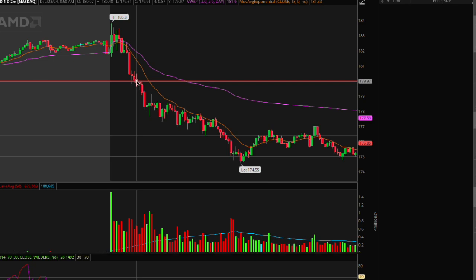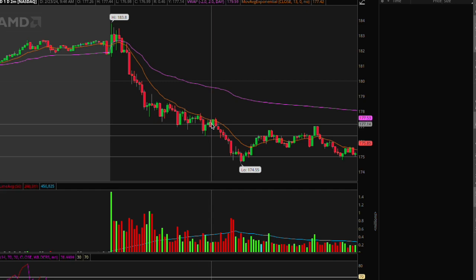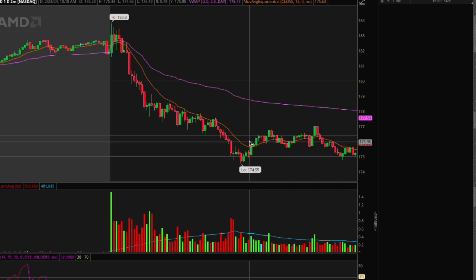If I bought more, I probably would have trimmed and held on to some and waited to see if it broke that 180 level or held below the 13. If I held below the 13, we probably wouldn't have got stopped out until way down here at the bottom, and would have made over 100%.